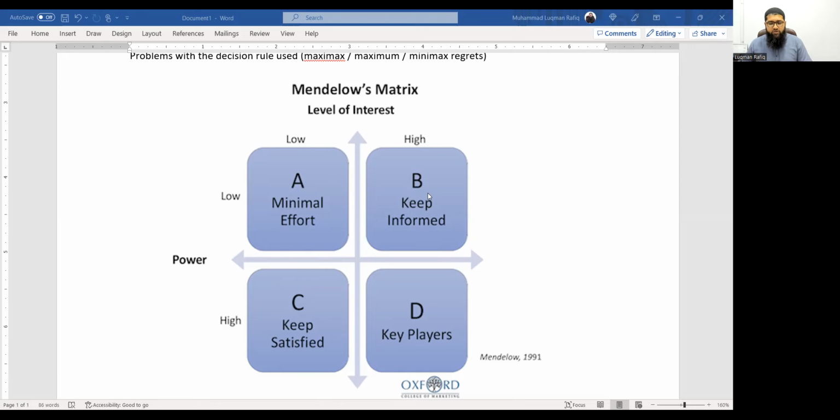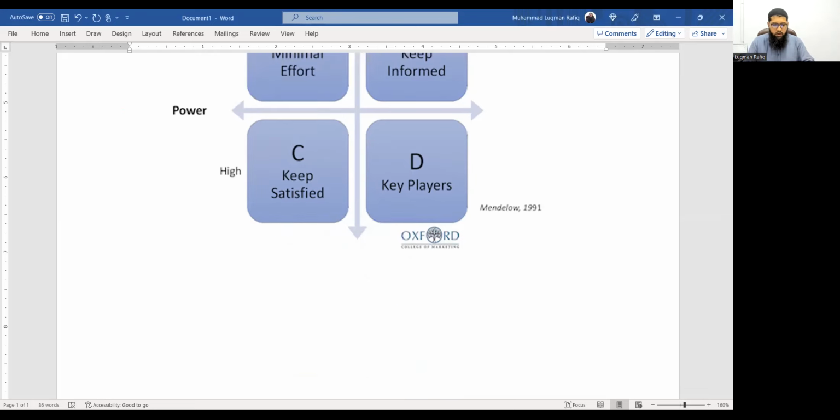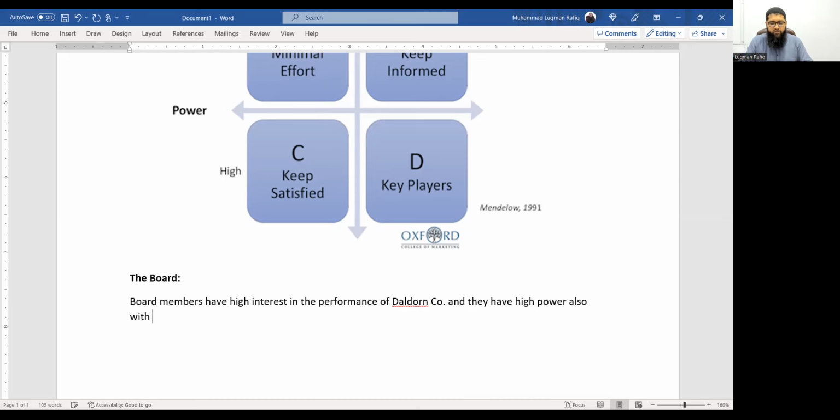Okay. So the first one of them is the board members. The board members have high interest in the performance of Daldon company, and they also have high power with respect to the decisions of the company.